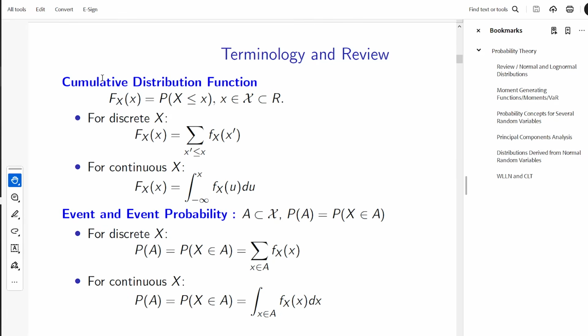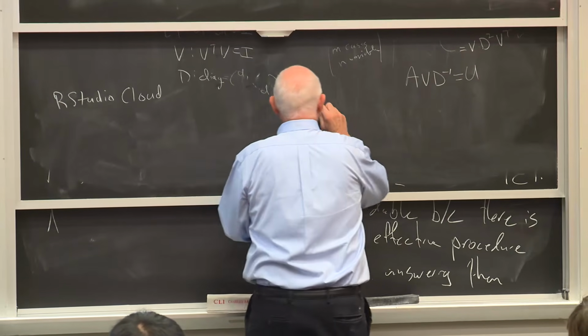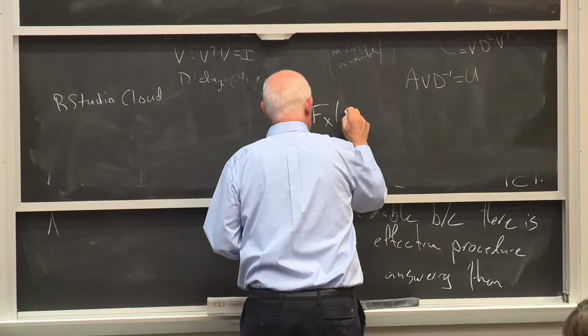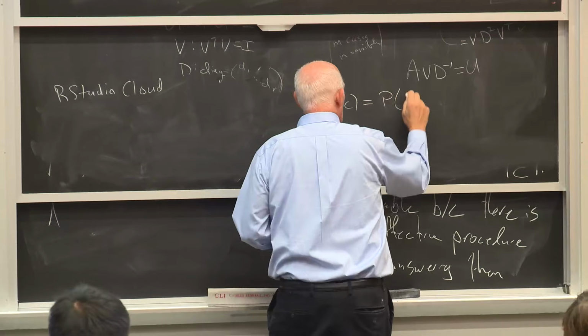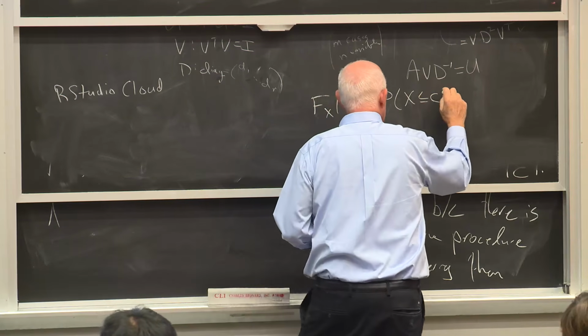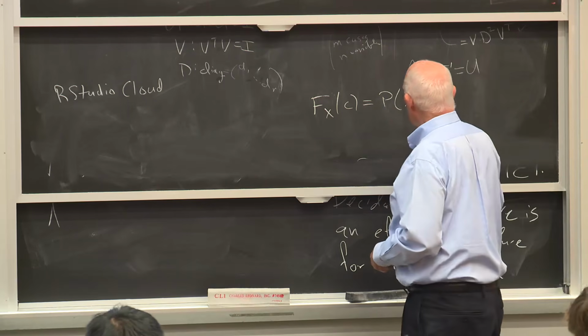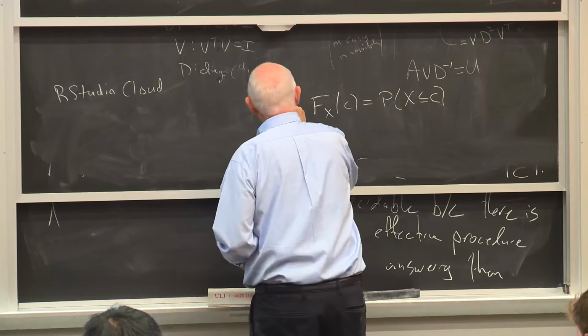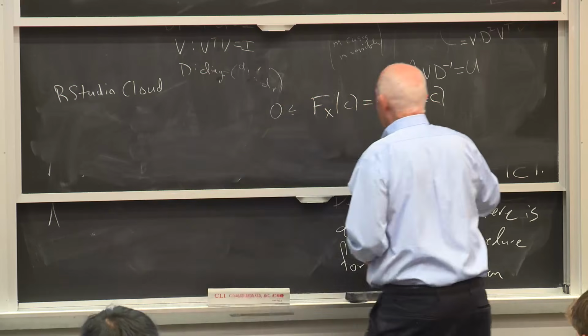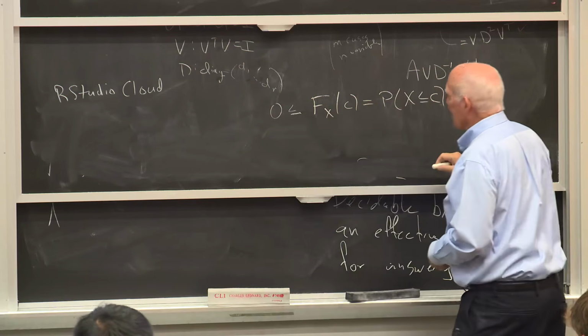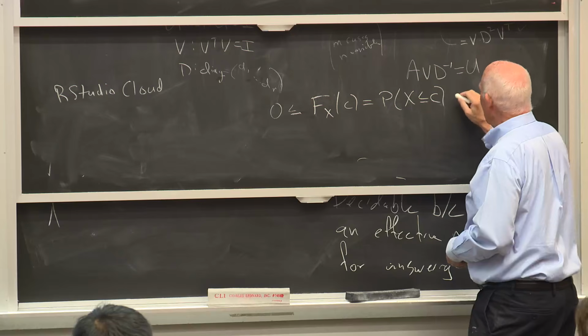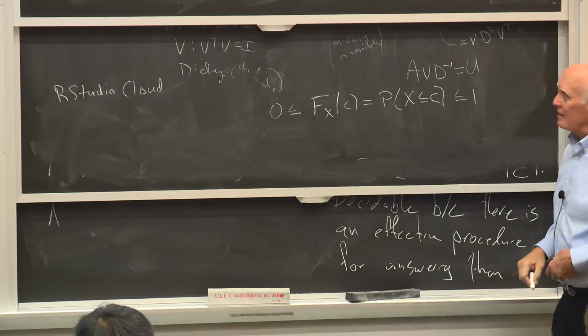And importantly, the cumulative distribution function is a very important tool. If we write F_X(c) equal to the probability that the random variable X is less than or equal to c, as a function of c, this value is going to be no smaller than 0 and no larger than 1.